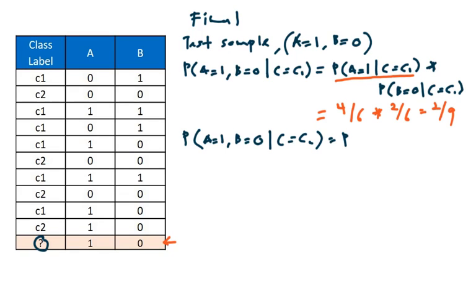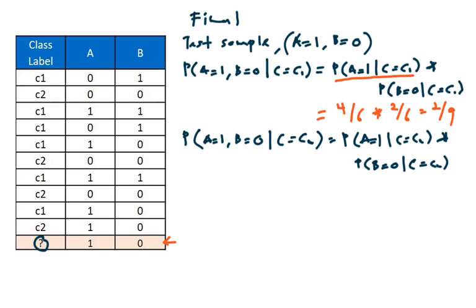So this will give me the probability of A equals 1, B equals 0, given C equals C2. Using the naive assumption, this is the probability of A equals 1 given C equals C2, and then the product of the probability of B equals 0 given C equals C2.